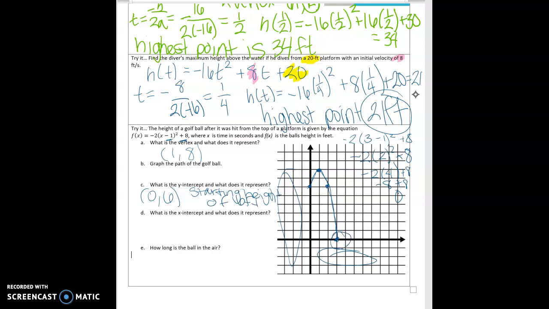That's here, and that is 3, 0, and that is saying that the ball is going to hit the ground after 3 seconds. So how long is the ball in the air? From 0 to 3, so 3 seconds.